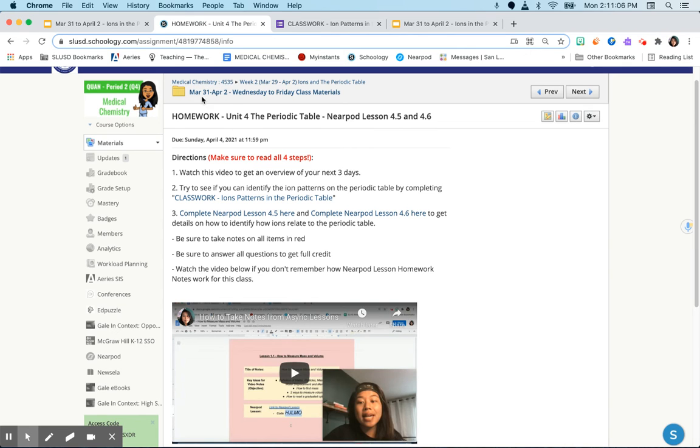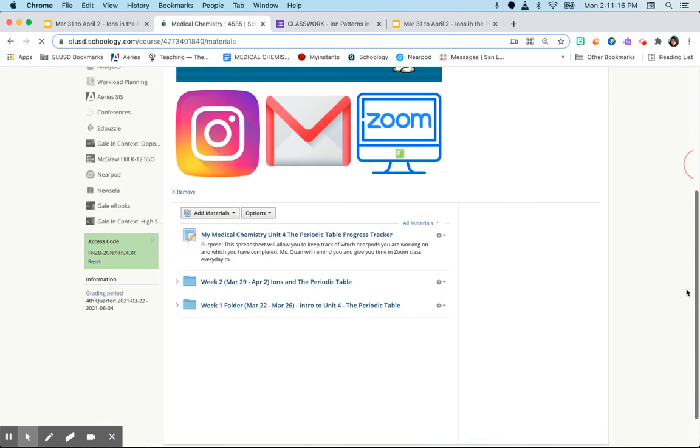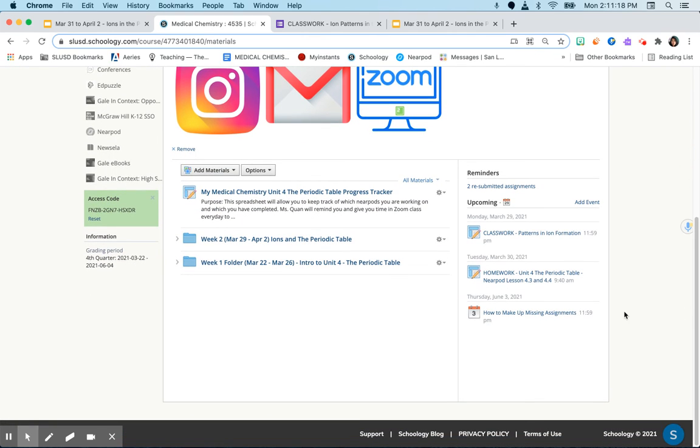Additionally, if you're not happy with your grade right now, by clicking on grades on the left-hand side, feel free to work on improving your grade in this class by following the directions on your main Schoology page that says how to make up missing assignments here on the right-hand side.